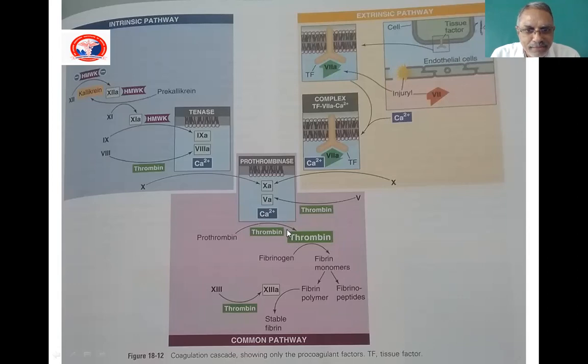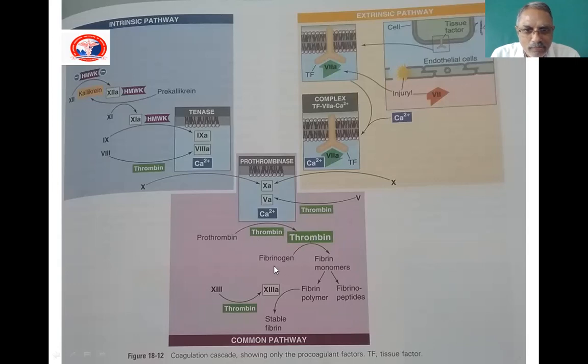And there is a feedback. The major step is the formation of thrombin from prothrombin by the action of prothrombinase, which is factor 10A, factor 5A, and calcium. Thrombin is formed and is very significant.